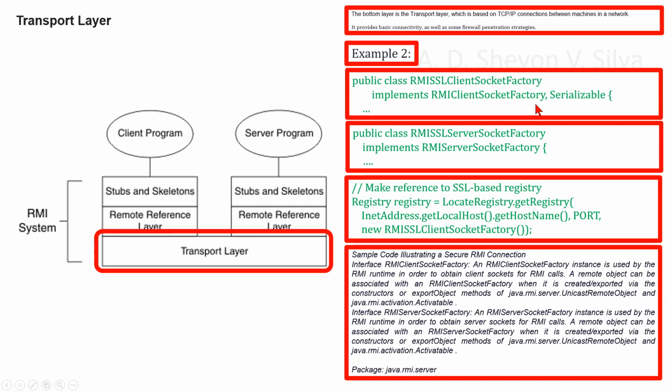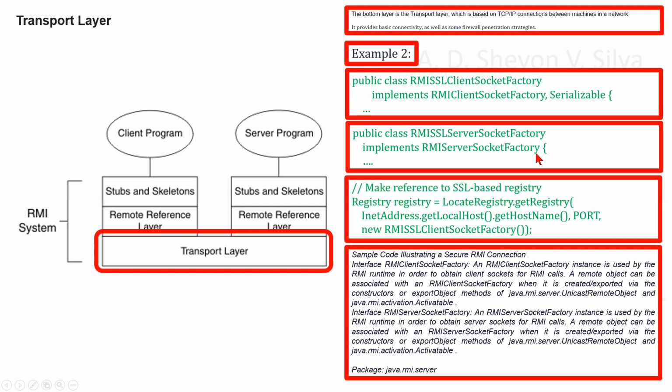In RMI, the interface RMIServerSocketFactory. An RMIServerSocketFactory instance is used by the RMI runtime in order to obtain server sockets for RMI calls. An RMI object can be associated with an RMIServerSocketFactory when it is created or exported via the constructors or exportObject methods of java.rmi.server.UnicastRemoteObject and java.rmi.activation.Activatable.